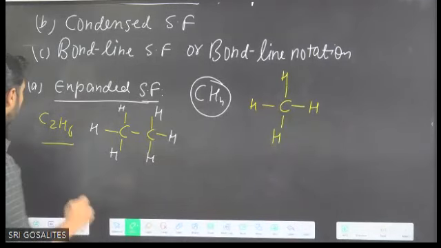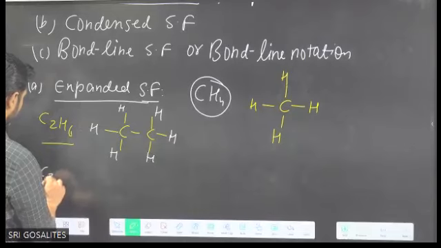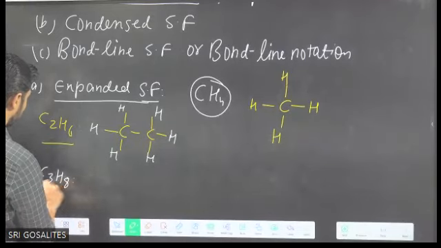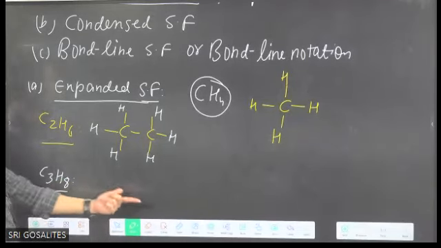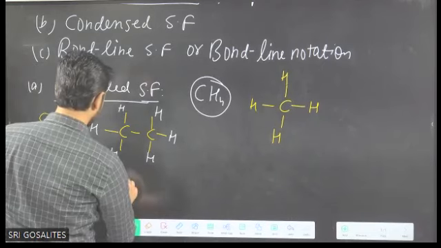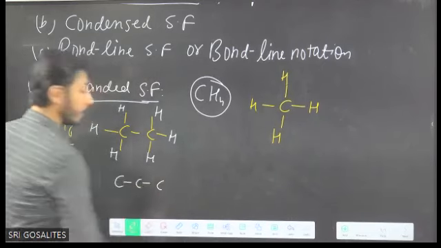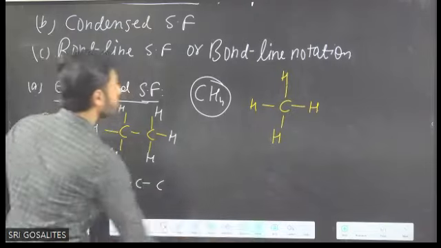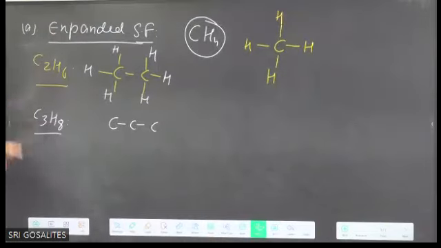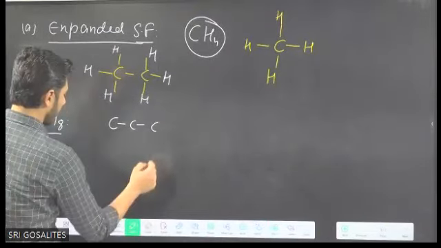Take the next example, C3H8, and its expanded form. How many carbons together? Three, and each is bonded to the other carbon as well as to hydrogens.